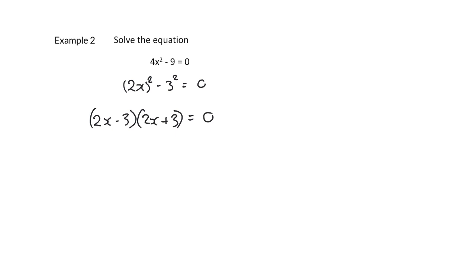So that means to solve this equation, either 2x minus 3 equals 0 and or 2x plus 3 equals 0. A little bit more complex than what you've looked at before. So we're going to have a division as well as swapping a side.